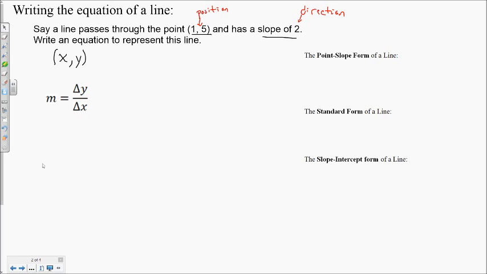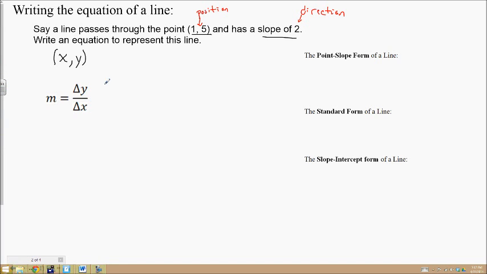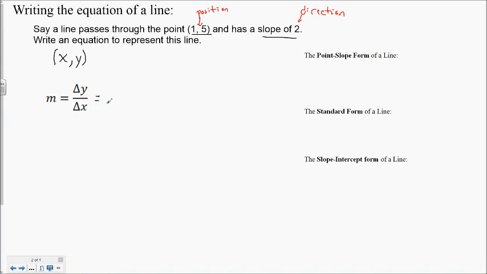Slope is change in y over change in x. Well, recall that the change in y is just the difference in the y values, so I could write that as y, my y coordinate of my unknown point, minus the y coordinate of my given point, over x, the x coordinate of my unknown point, minus the x coordinate of my given point.